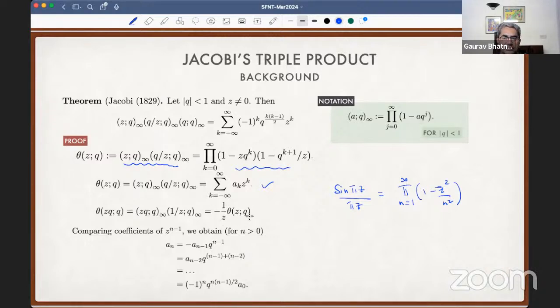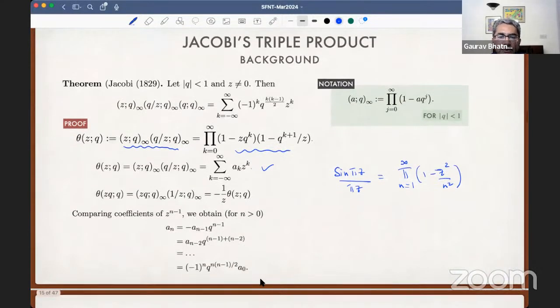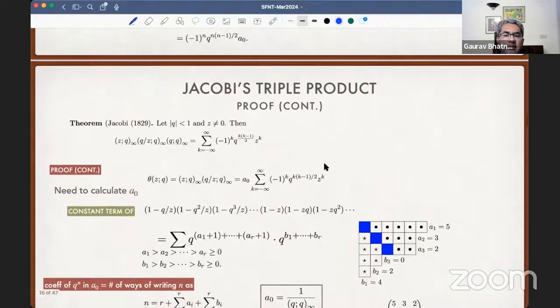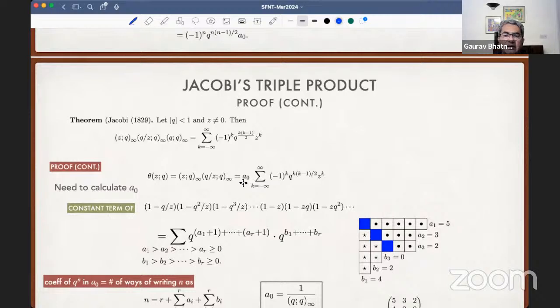And then if we compare coefficients of the Laurent series, we can get a recurrence relation for n bigger than 0, and the same one, in fact, for n less than 0. So it boils down to calculating the constant term of this series. All other terms are in terms of the constant term.